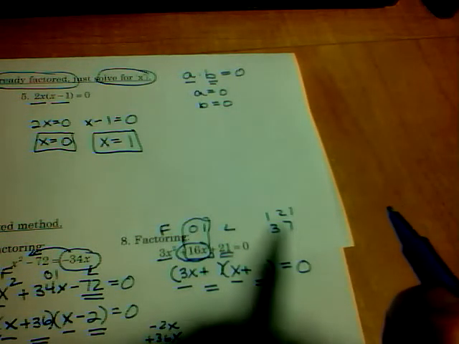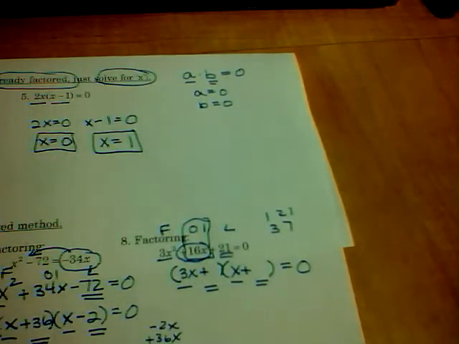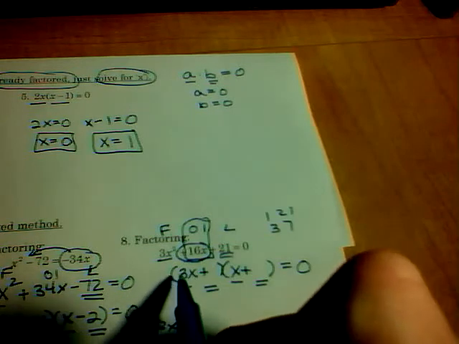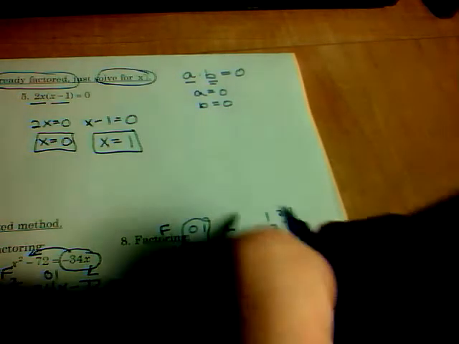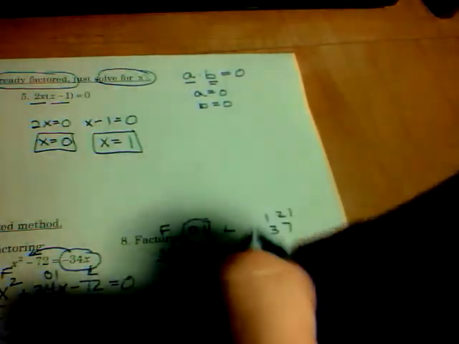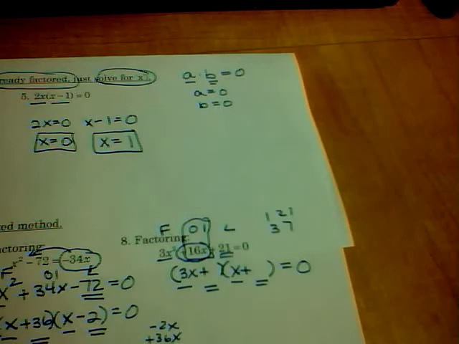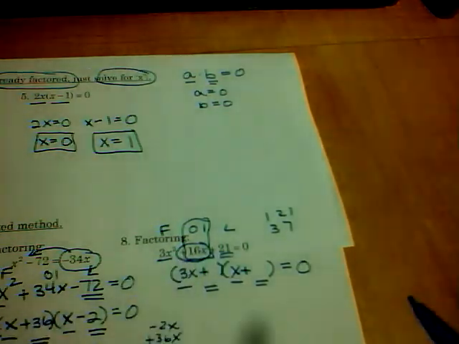So we're looking for factors of 21 that could go here and here, but since we do have a number in front of one of our first terms, we have a 3, and then the other one is 1, we know one of these terms here is going to get multiplied by that 3. And then they're going to get added together in order to get you 16.